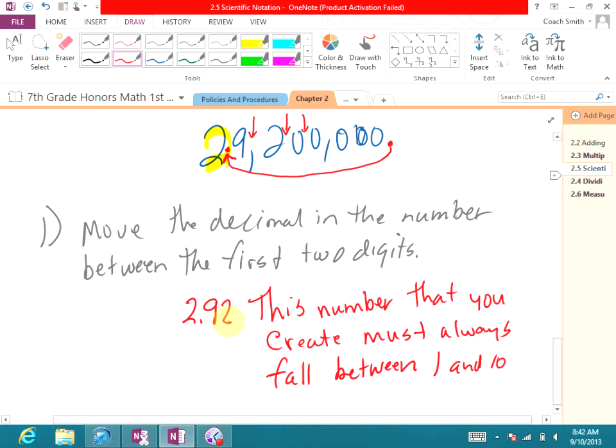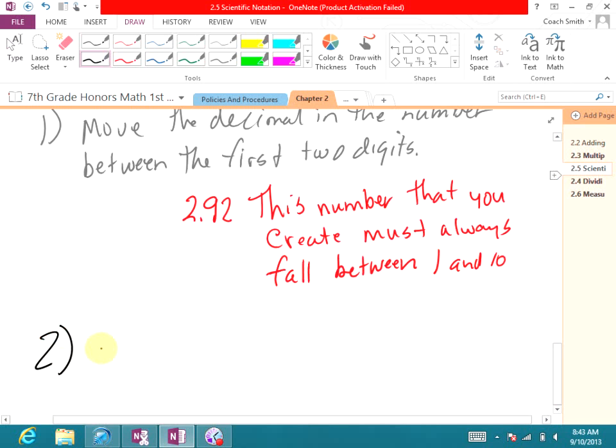Okay? Is 2.92 in between 1 and 10? Is it? Yes, it is. Okay? 2.92 is between 1 and 10. So that first step is met. Now, the second step.